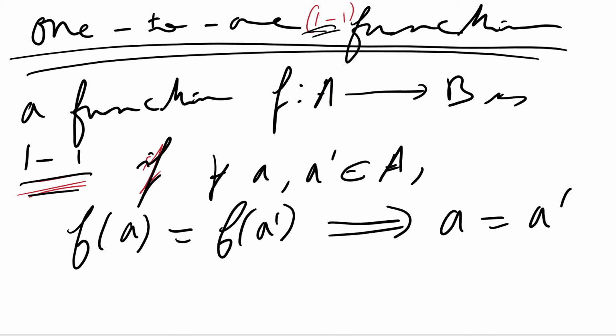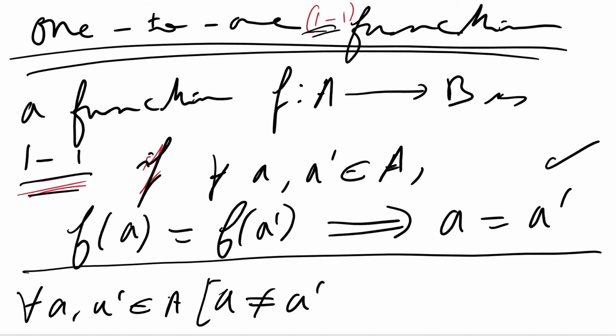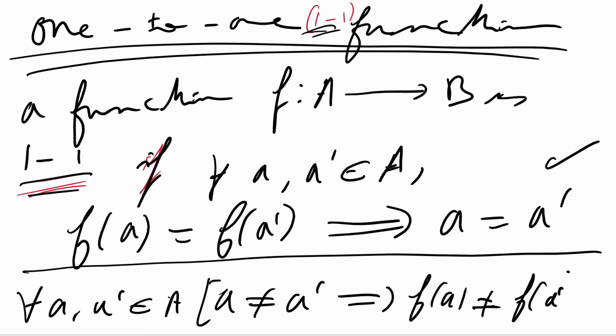Or you can use this, this is what I use quite often, but also you can use this notation: for all A, A prime in A, A different than A prime implies f of A different than f of A prime.